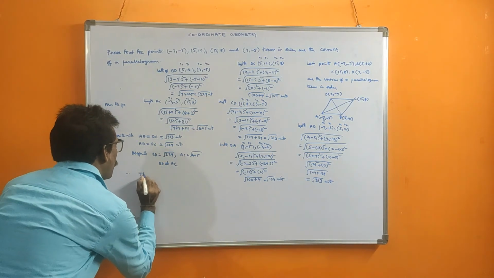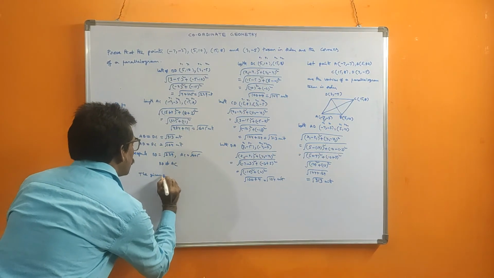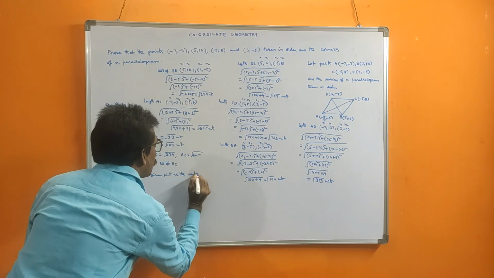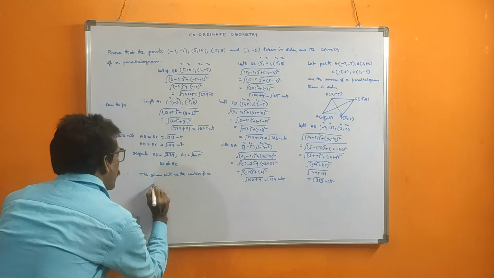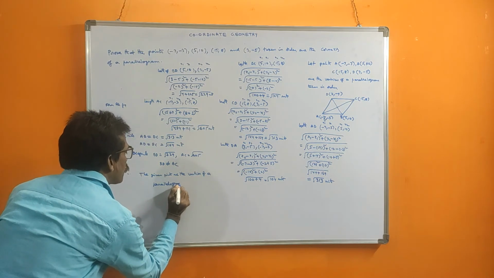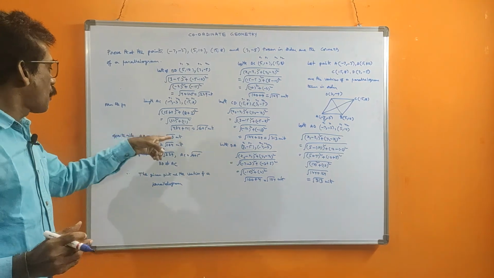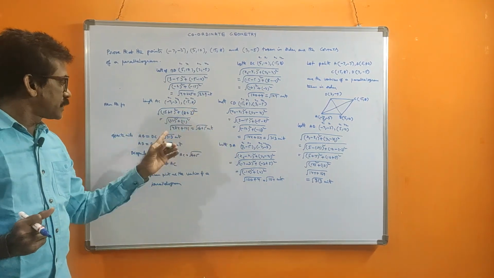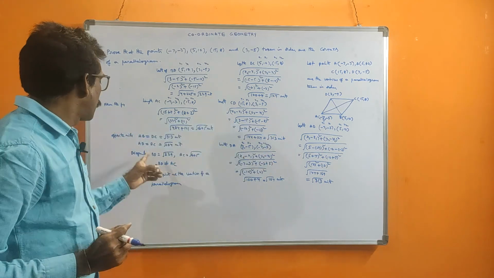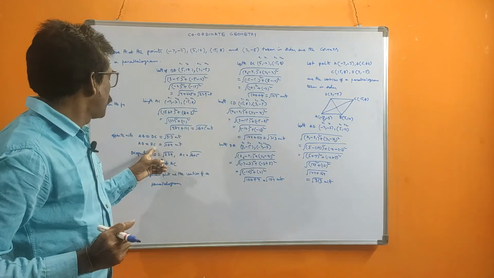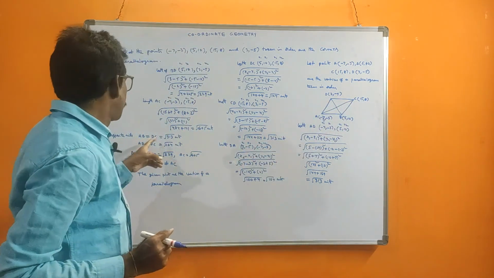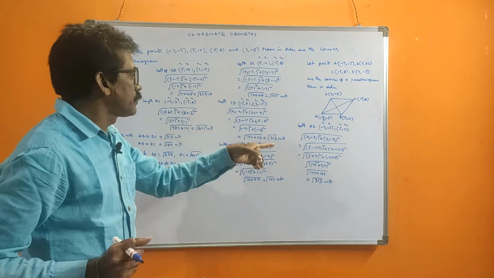Therefore the given points are the vertices of a parallelogram. Now write clearly here: opposite sides you take and check equal or not. Here the case is equal only. AB, DC are opposite sides, that value is root 313, same.